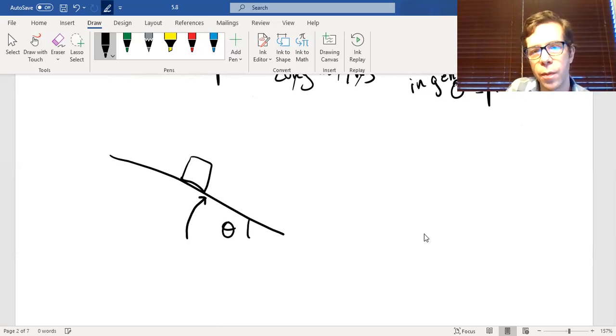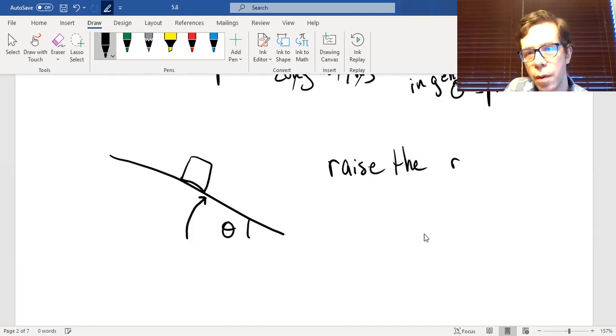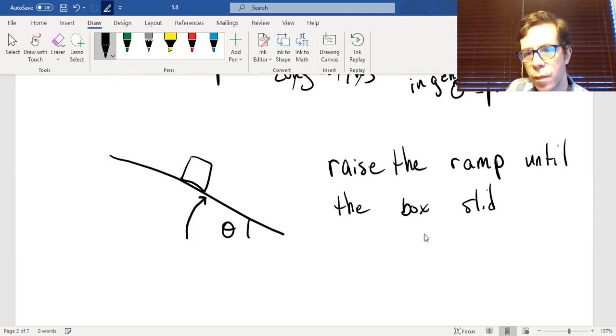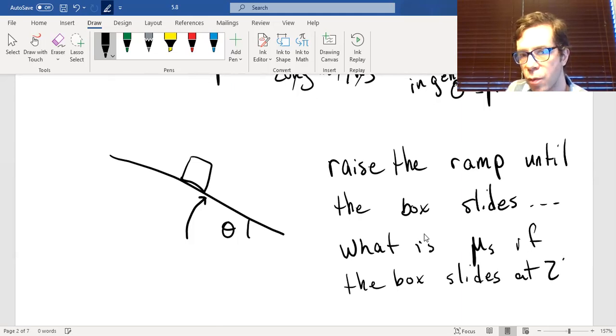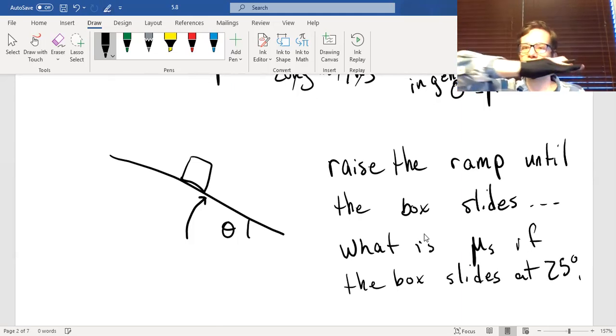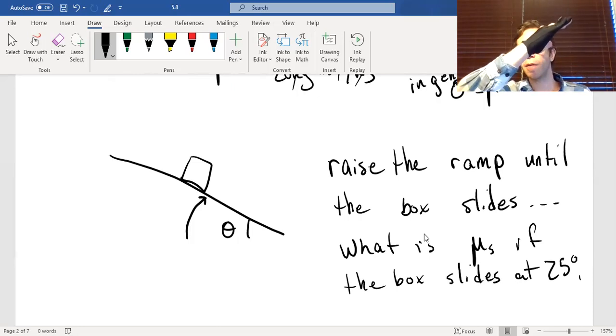So raise the ramp until the box slides. What is the coefficient of static friction if the box slides at 25 degrees? We started out horizontally. We keep raising the ramp until the box slides off.